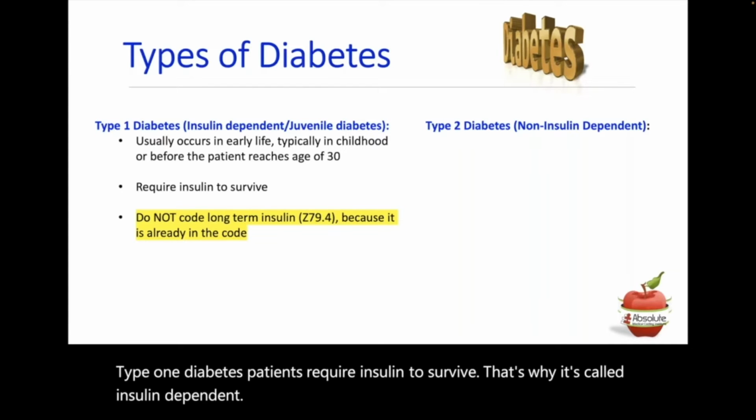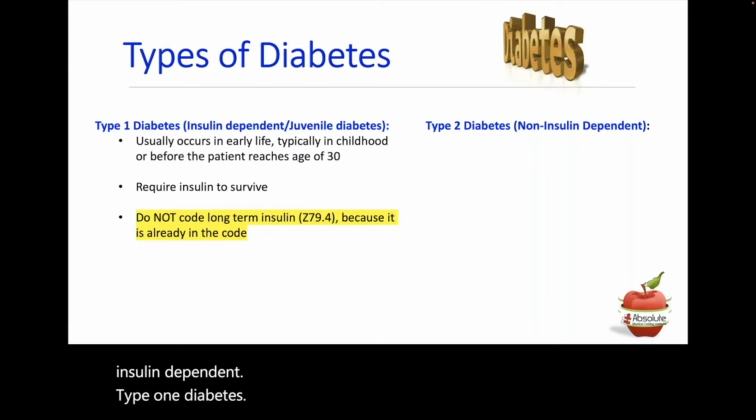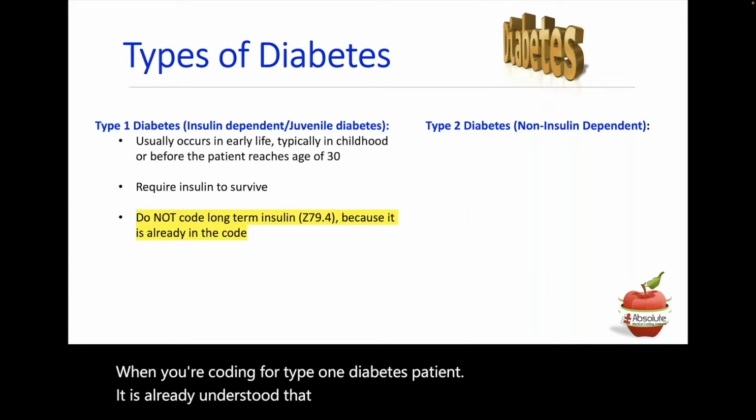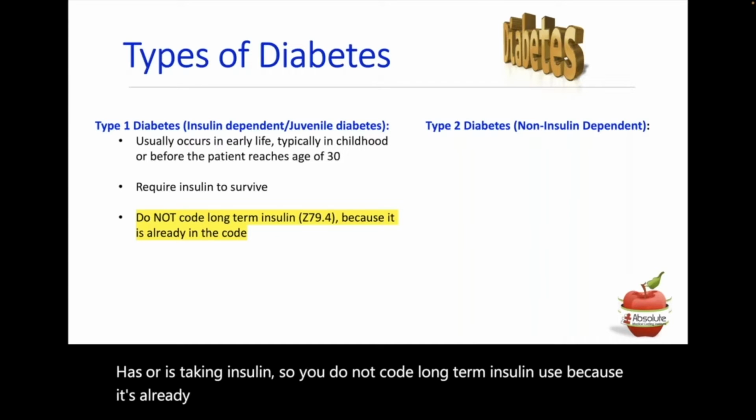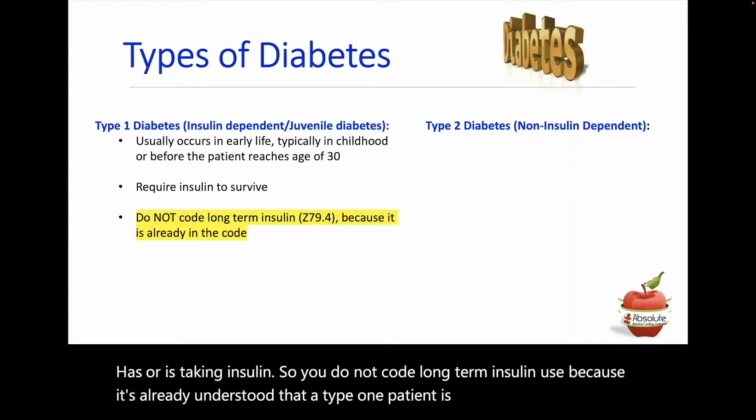When you're coding for a type 1 diabetes patient, it is already understood that the patient has or is taking insulin. So you do not code long-term insulin use because it's already understood that a type 1 patient is taking it. So you don't code it twice.